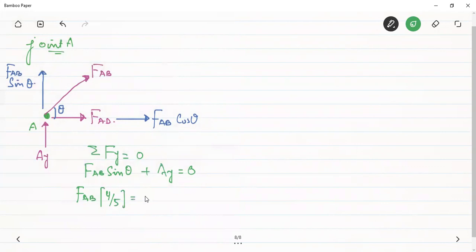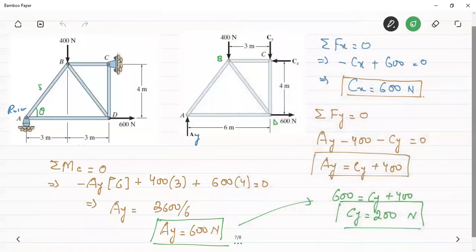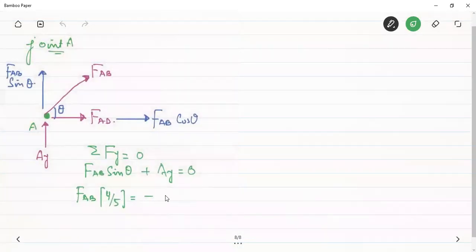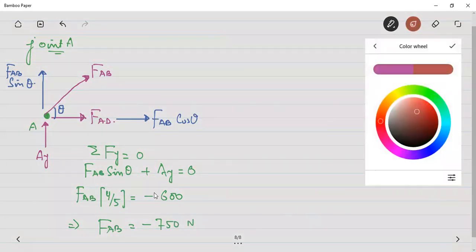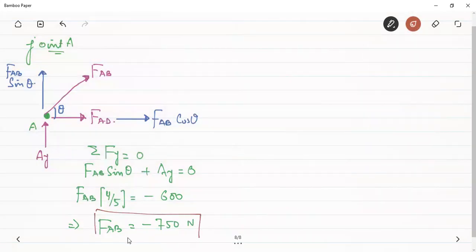And AY comes from the right hand side, it will be 600, that is minus 600. So from here we get that the force in the member AB is minus 750 Newton. That is, the force in the member AB is compressive. We can say that Fab is equal to 750, but it is of compressive nature.